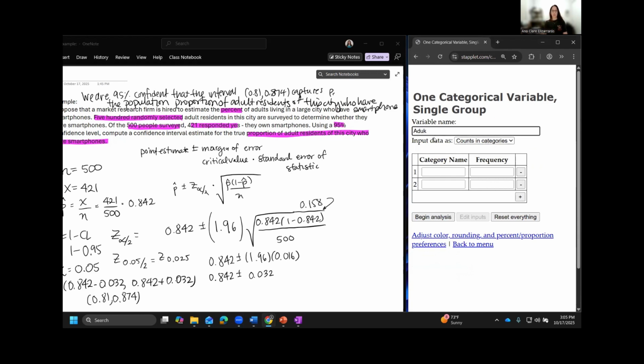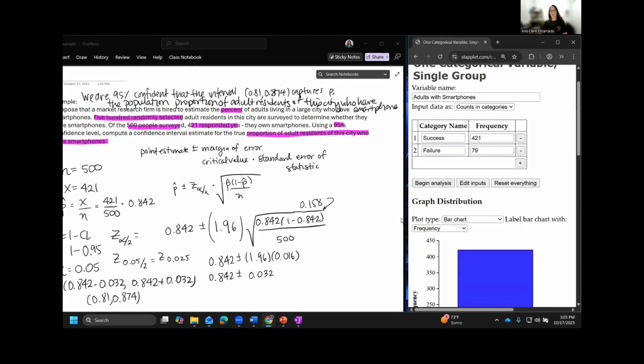These are adults with smartphones. And categories, I would just call them success. You could also say has phone, doesn't have phone, failure. There were 421 successes, which meant that there were 79 failures or not phones. And we click begin analysis.